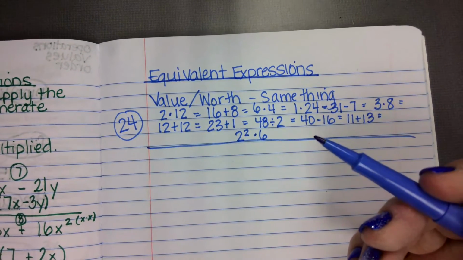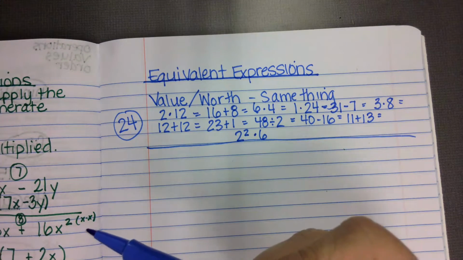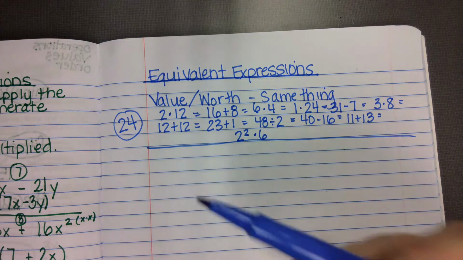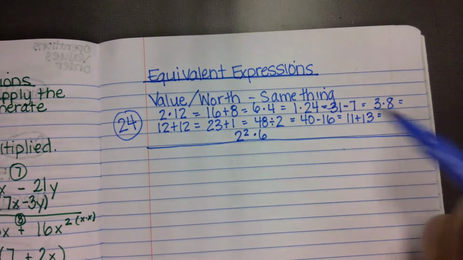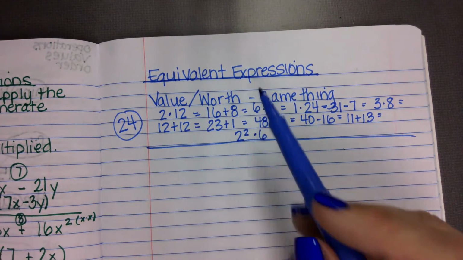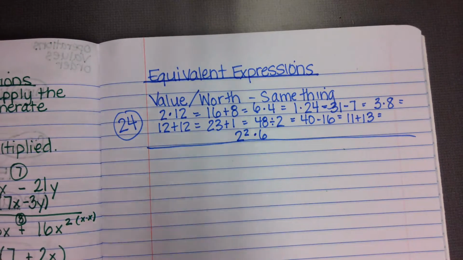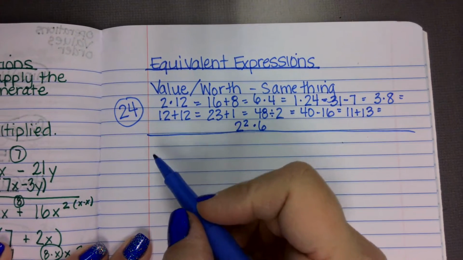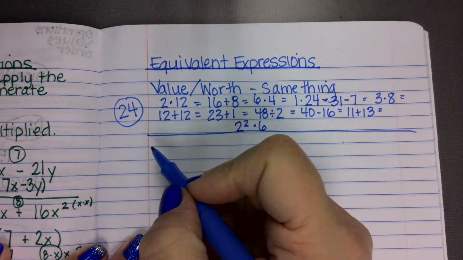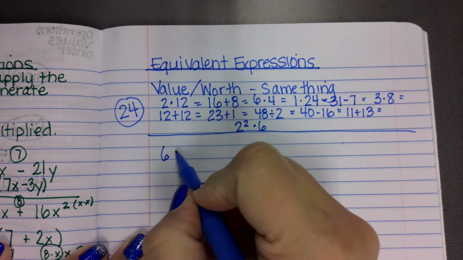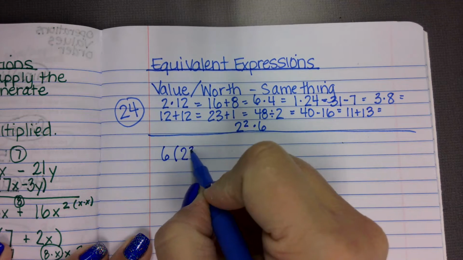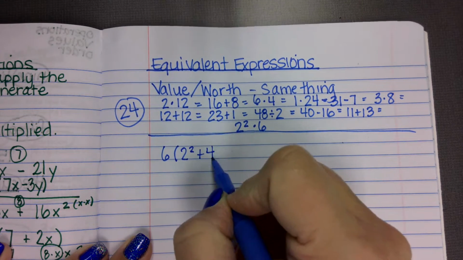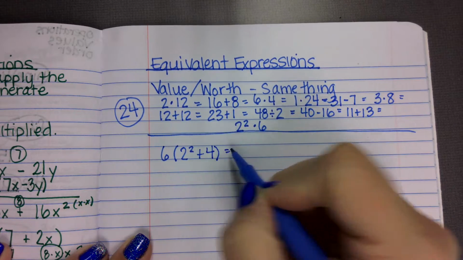So yesterday, using the distributive property, we found a different way of writing the same problem, meaning we were writing equivalent expressions. So we're going to work through a few of these today. It's not a super long lesson today, but let's say I want to have 6 parentheses 2 squared plus 4, close the parentheses.